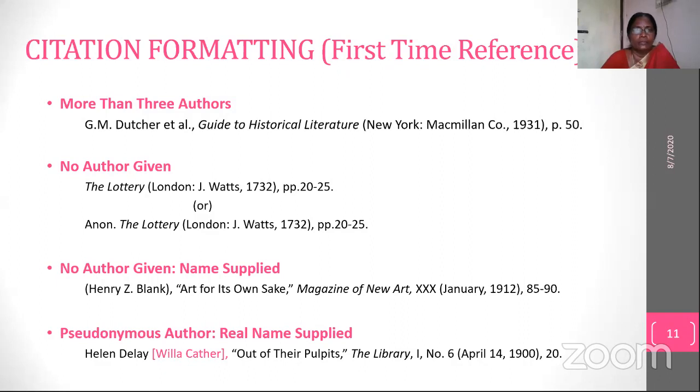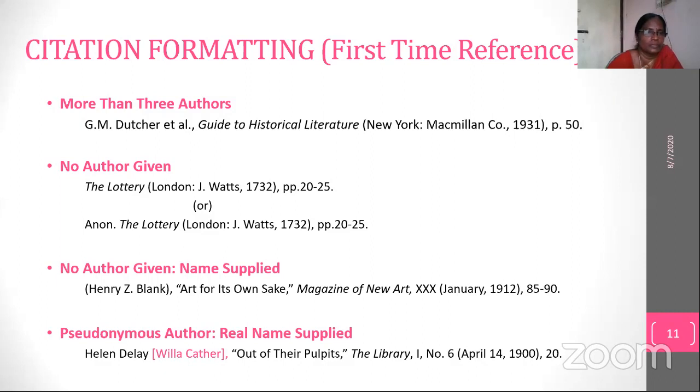Suppose the work is authored by more than three, you have to place only one author's name, and then you have to put et al., meaning and others, like Lecture and others. The rest of the things are common.